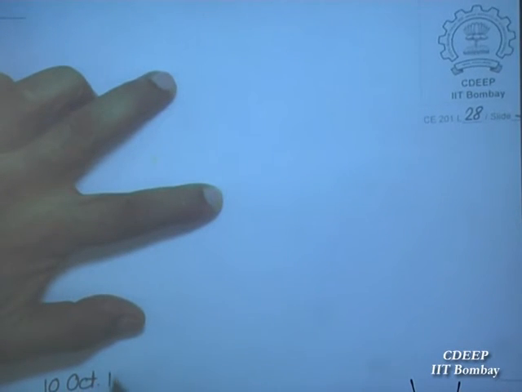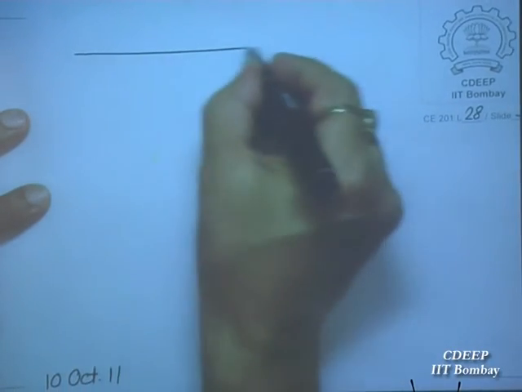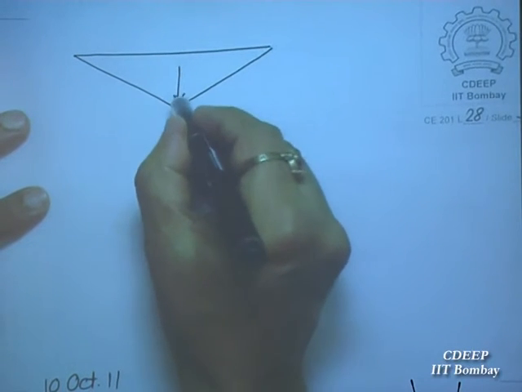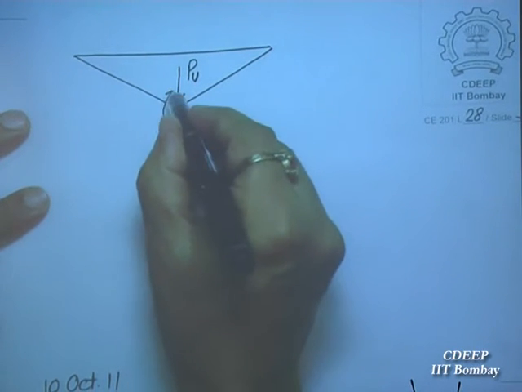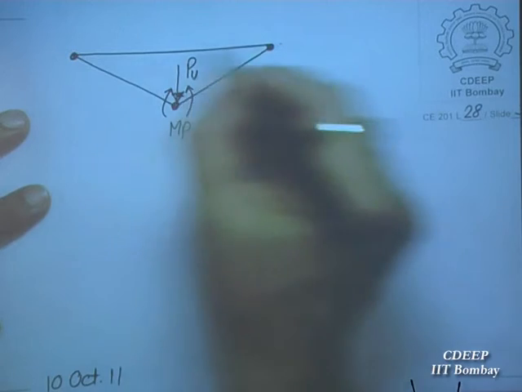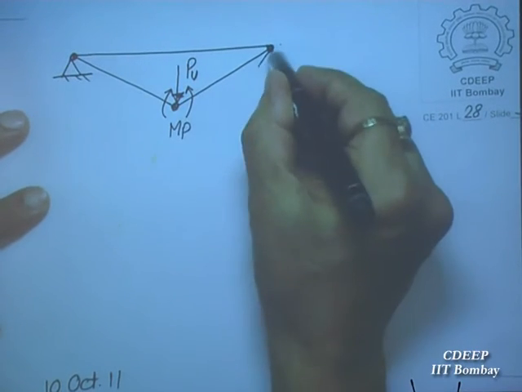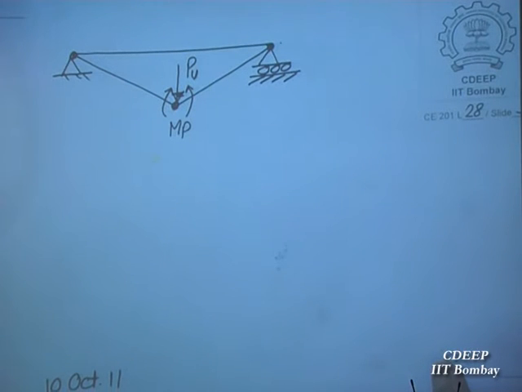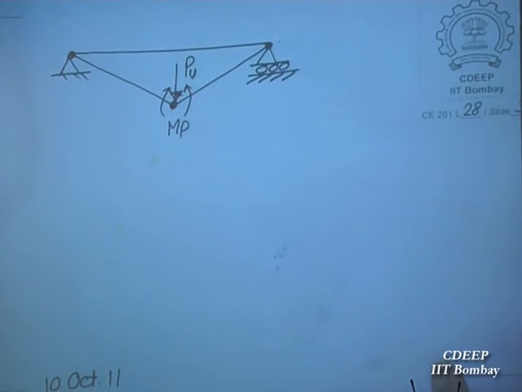So you have now a situation. This is the free body diagram of the entire, it is not a free body diagram, but the entire structure at the time of failure will look like this.